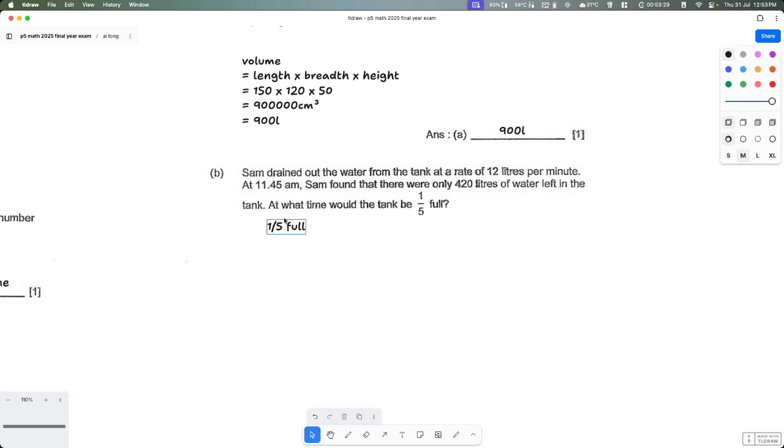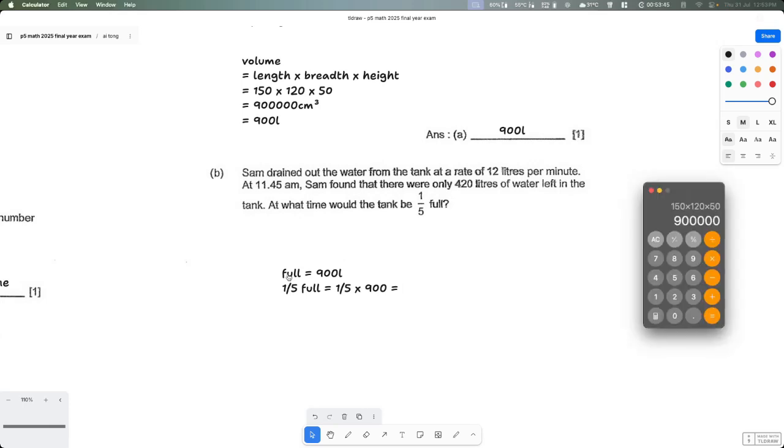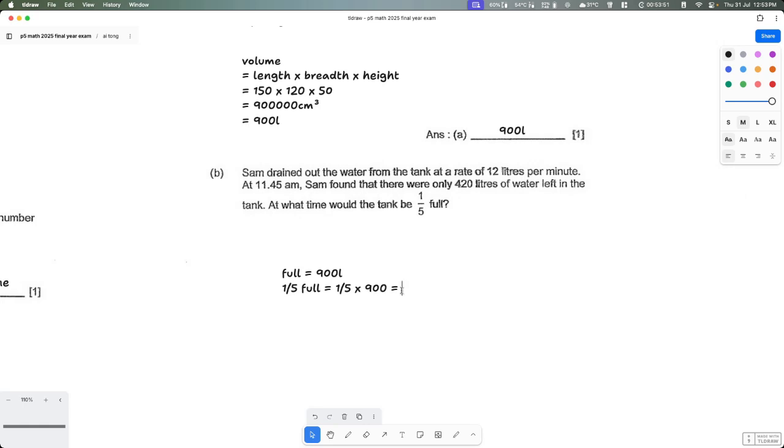We know that full is equal to 900 liters. One fifth full is equal to one fifth times 900. We can just divide 900 by 5, it will be 180 liters. So we want to drain until 180 liters.